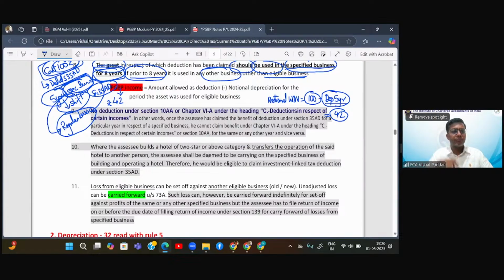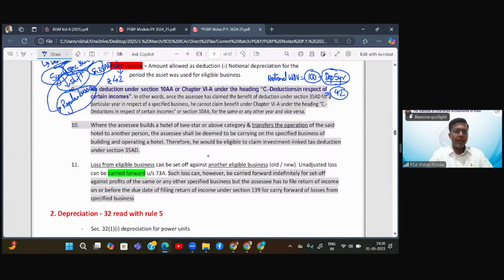Any doubts? Now in 35 AD, one more important point. If this business has a loss, again talking something about set-off chapter, important condition is that this loss from an eligible business, means the business which is covered in 35 AD, can be set off only against income of another eligible business.